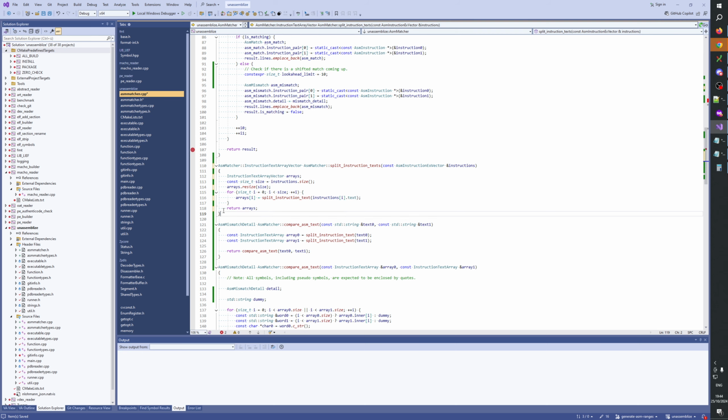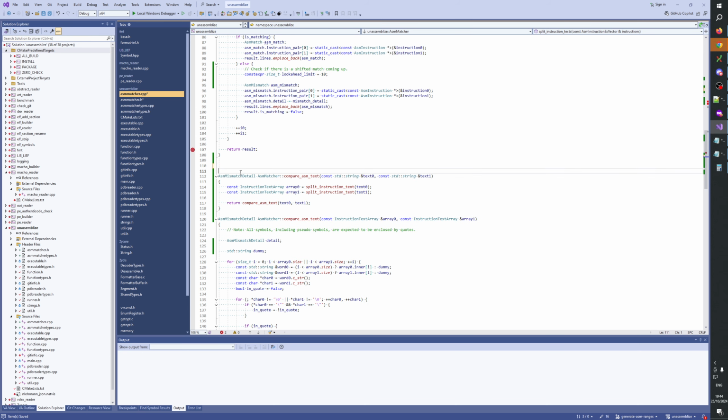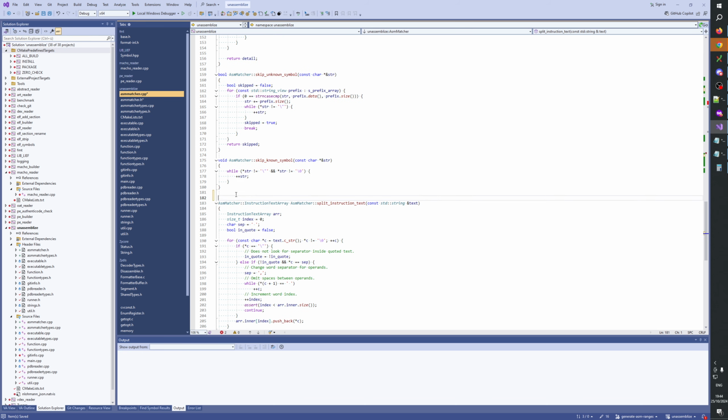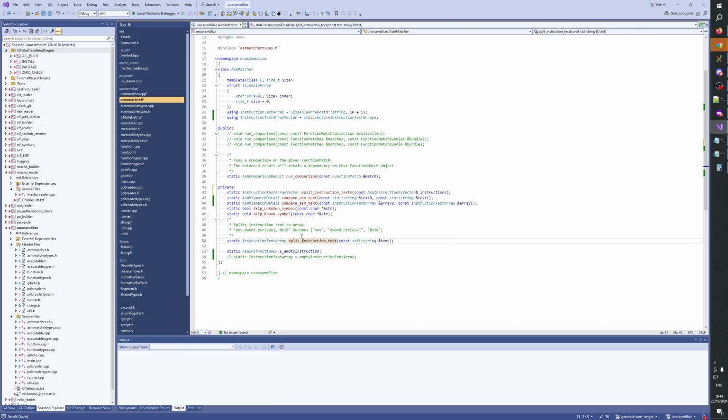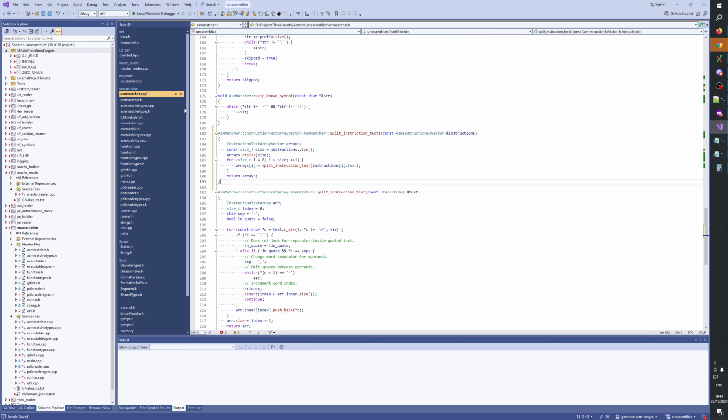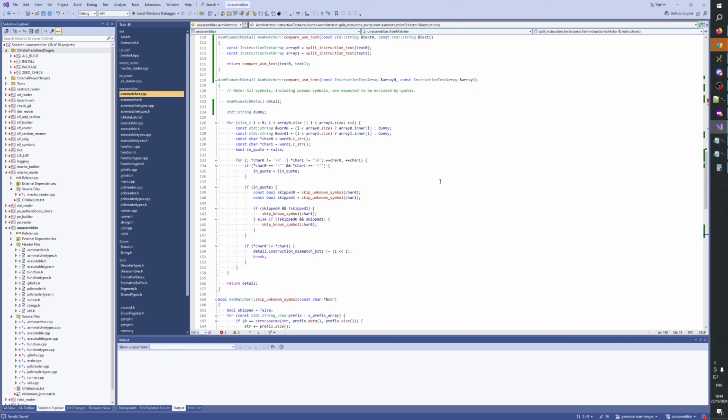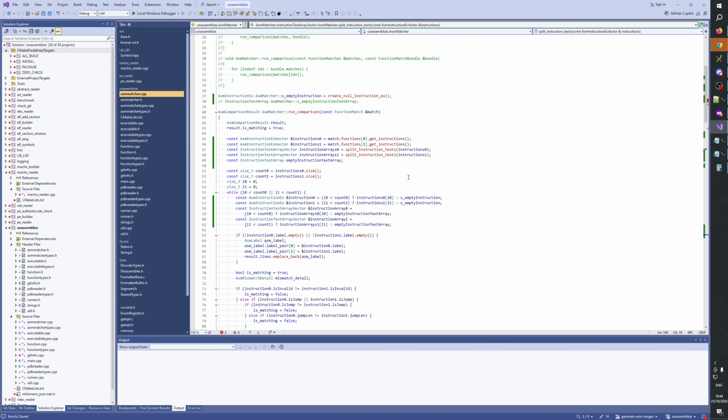Then maybe we should move it down here to this one here. Yeah, let's see. So split instruction text.